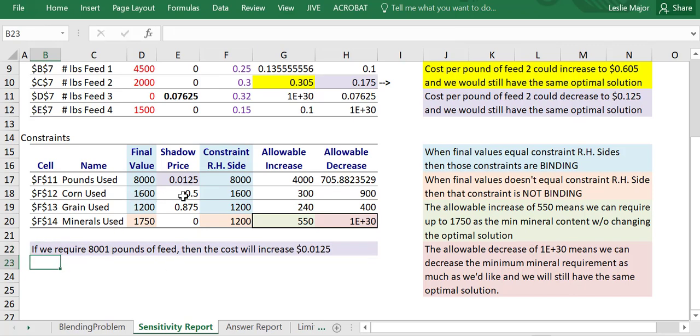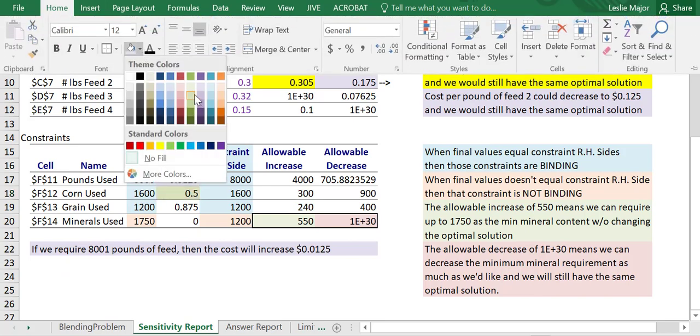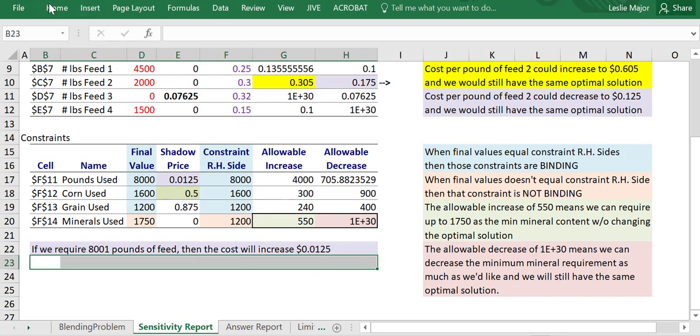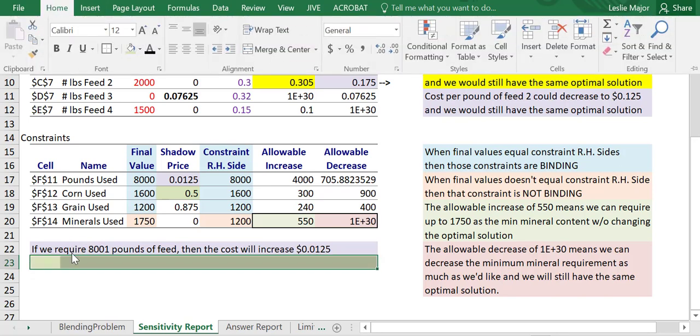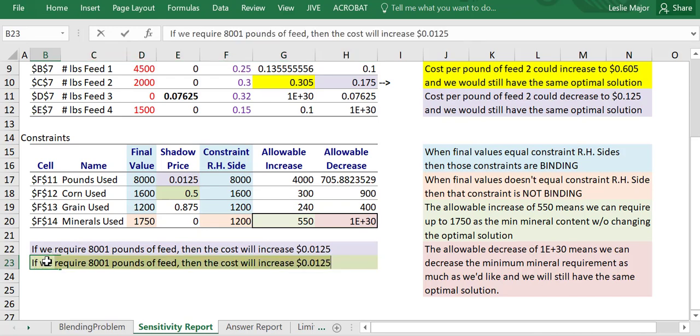Not too bad, actually. Let's look at this shadow price as well. In this case, we're talking about the corn used.